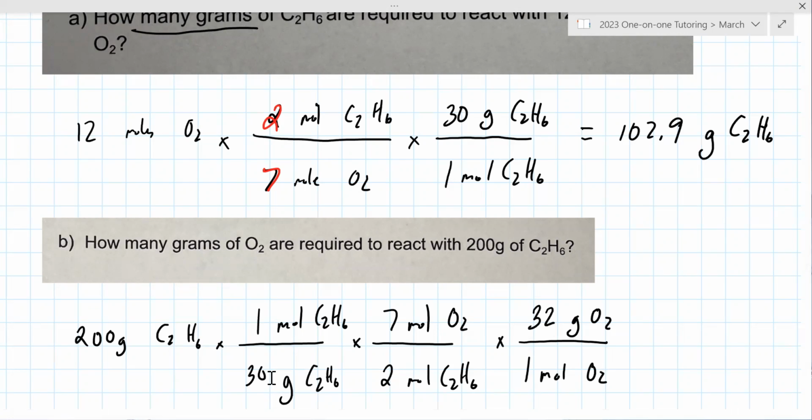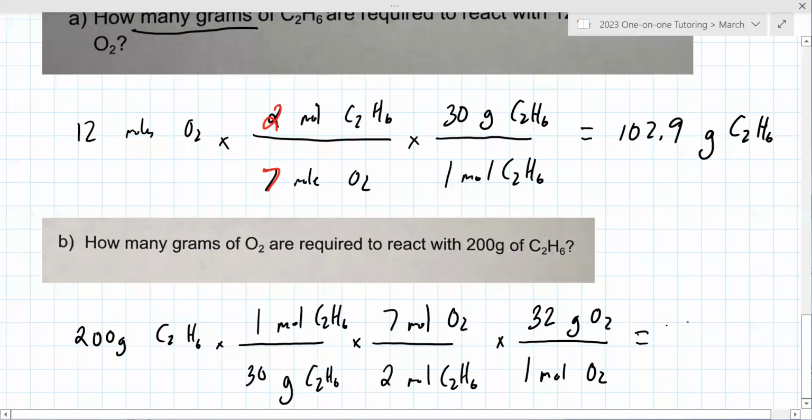So now, 746.6 grams of O2. Yes, maybe we'll go 747 grams of O2, like that. Good.